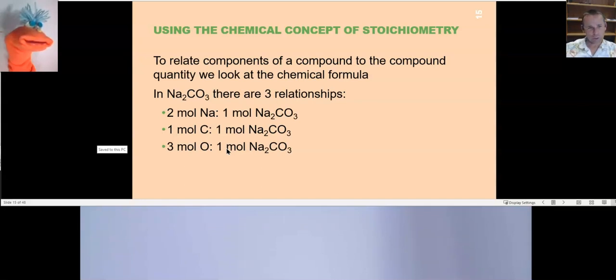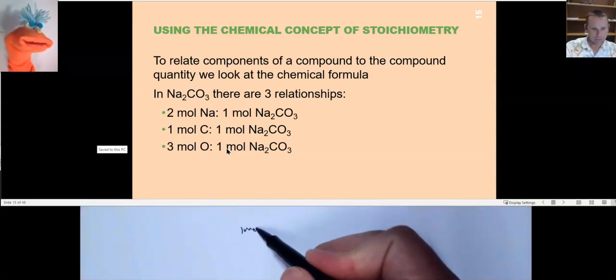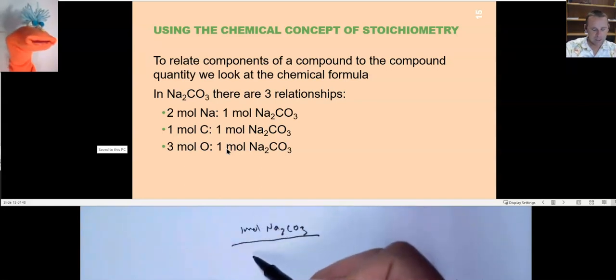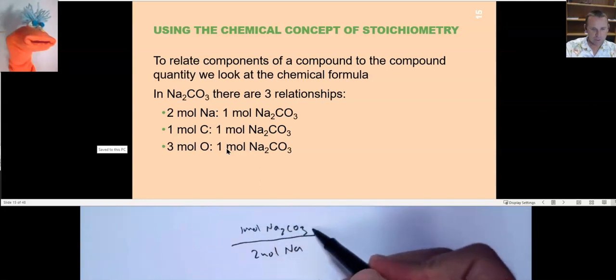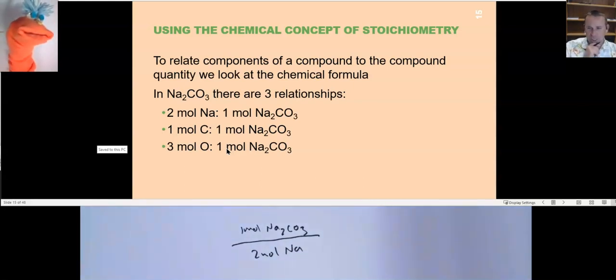If I say I have 1 mole of sodium carbonate, I can say that in that I have 2 moles of sodium. Can you see that if I have 1 mole of this, I have 2 moles of sodium? Yeah, I can see that. Now that bothers some people because they say, how can you get more moles of something from something that you don't have a lot of moles of?